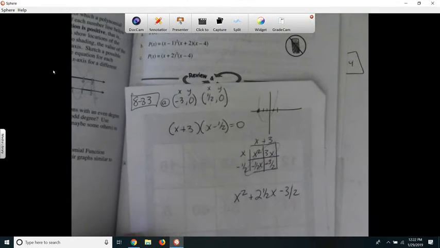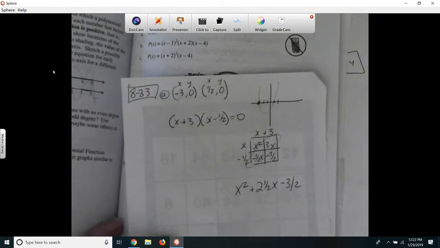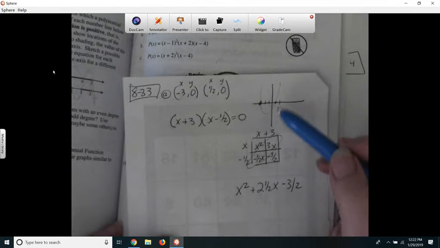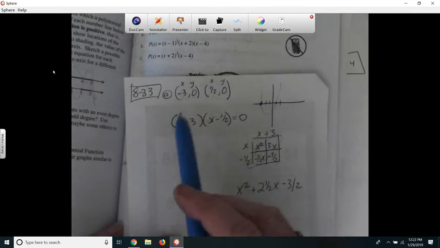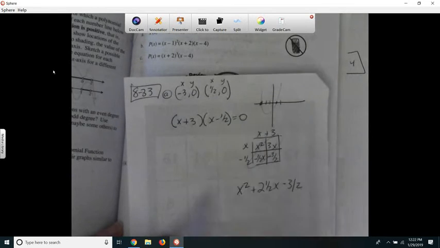Actually I'm not going to make it improper. I'm going to just multiply everything by 2, because it said I just need a possible equation. It didn't say what the stretch factor was going to be. I just need something that has these ordered pairs as my intercepts.